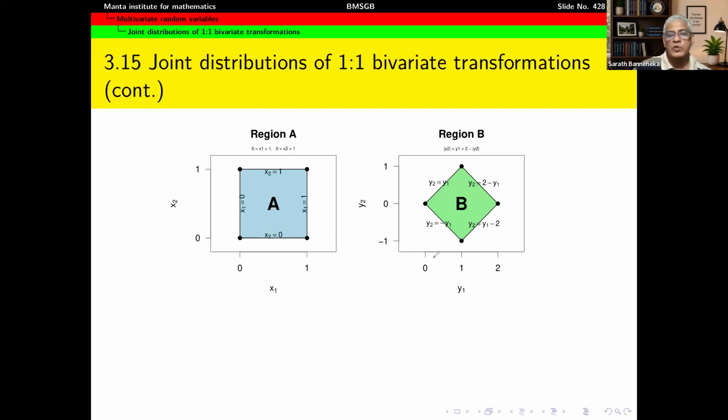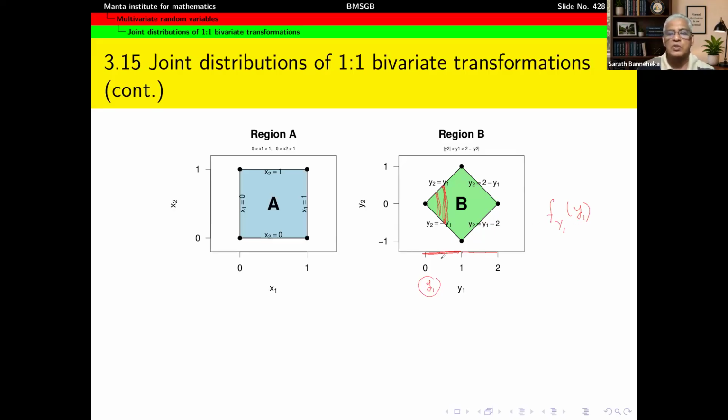Because if you are considering any simple y1 value anywhere here, the marginal density you can get by integrating the joint density with respect to y2 from here to here. So for any value here, it will be like that, similar up to here. And you are going to calculate f capital Y1 evaluated at simple y1. You don't have to put y1, you can put y if you want, but we will use simple y1.